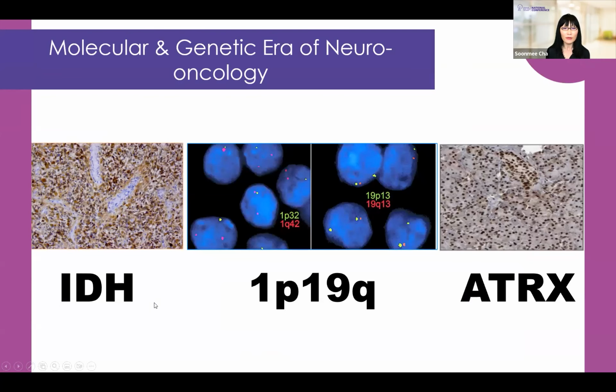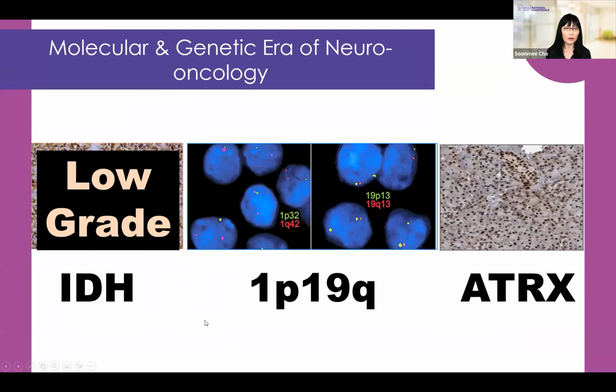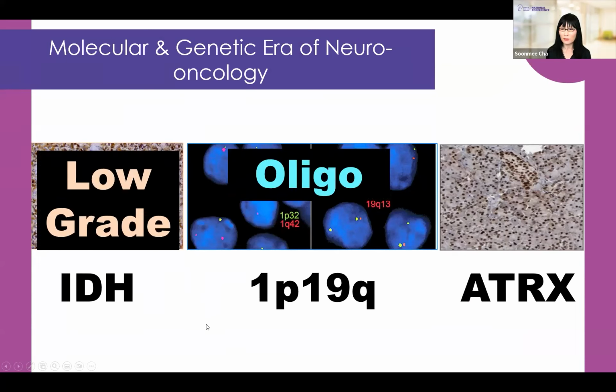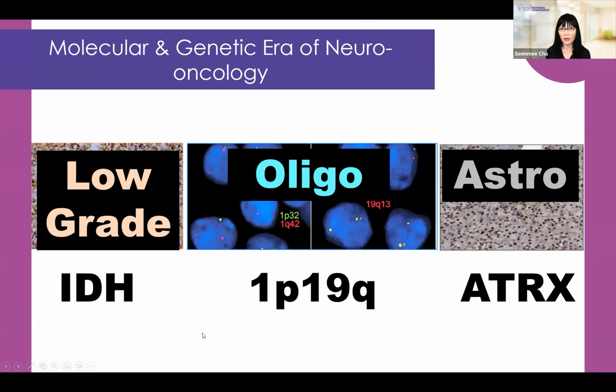So let's briefly talk about what we are calling the molecular and genetic era. I think most of you are very familiar that we are no longer just relying on histopathology of tumor tissues. There are many more advanced techniques to assess whether a tumor is low grade, whether something is an oligodendroglioma or an astrocytoma.